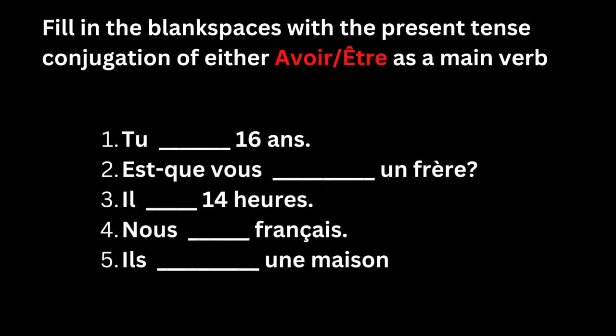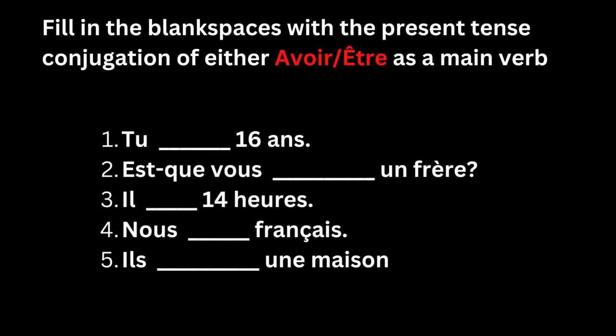Très bien. Up to this far, you already know French, right? You're doing a good job. Now with practice and more practice, you will get there. Okay? I want you to go ahead and try this exercise. You fill in the blank spaces with the present tense conjugation of either avoir or être as the main verb.